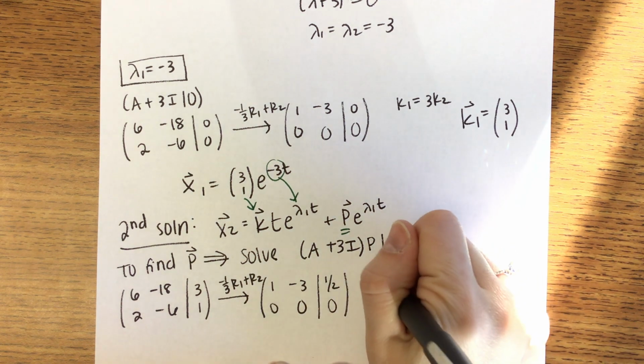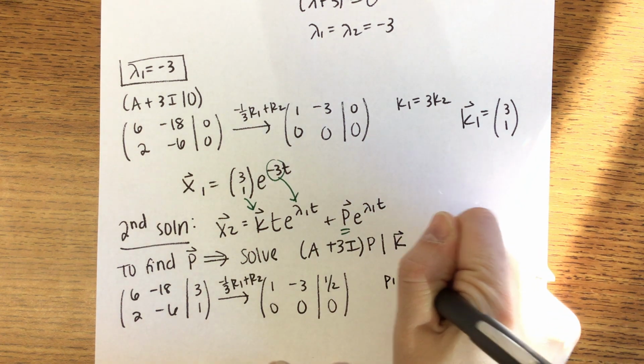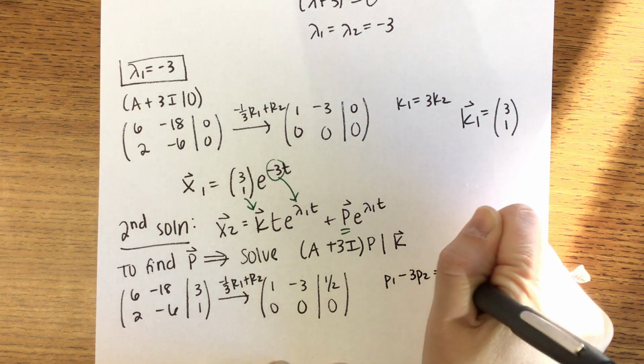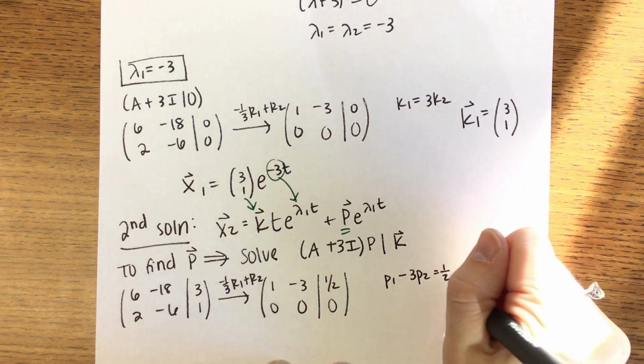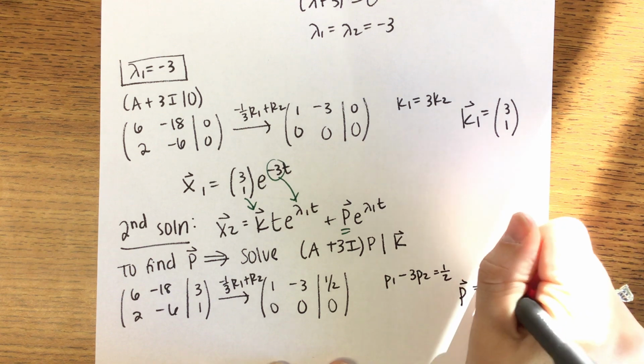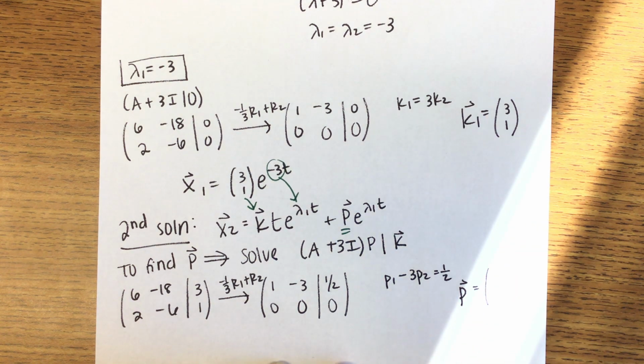So this tells us that P1 minus 3P2 is equal to 1/2. If we go to find our P then, I'm going to make P2 0, which makes P1 1/2.